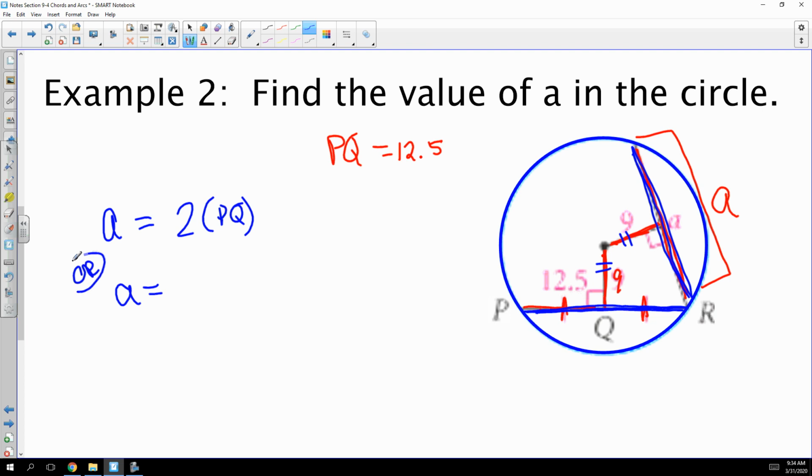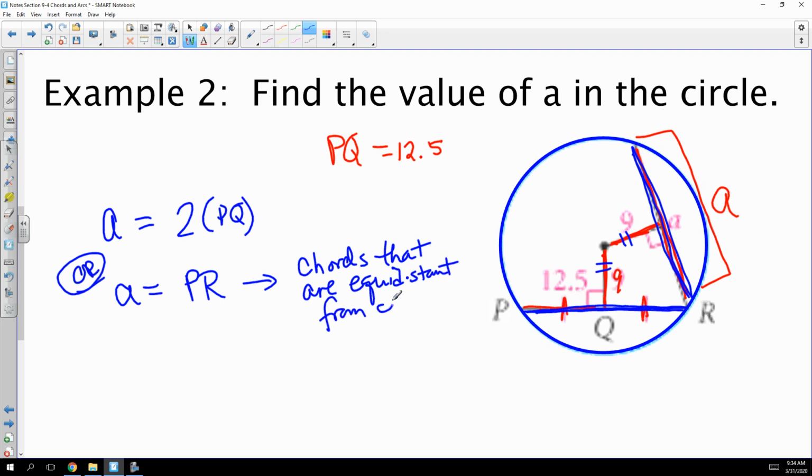Or you could say that A is equal to PR, and that comes from chords that are equidistant from the center are congruent. That's our justification for that, right?